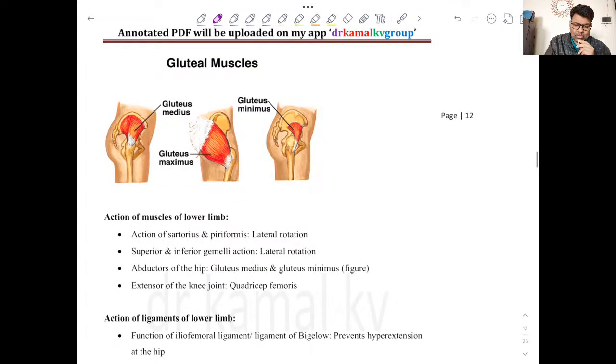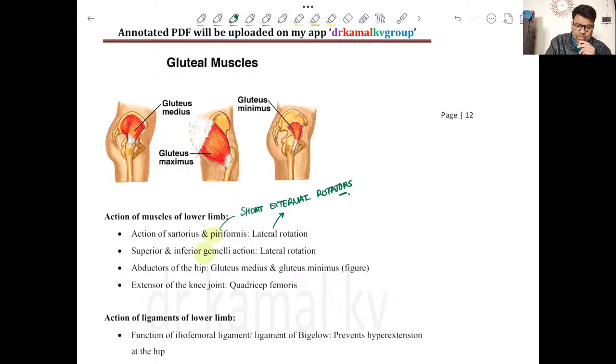So this is the basis of the Trendelenburg test, especially if we are checking gluteus medius and gluteus minimus muscle. Then actions of different muscles: piriformis and gemelli, and also quadratus femoris, these are short external rotators. Okay, so external is lateral only.